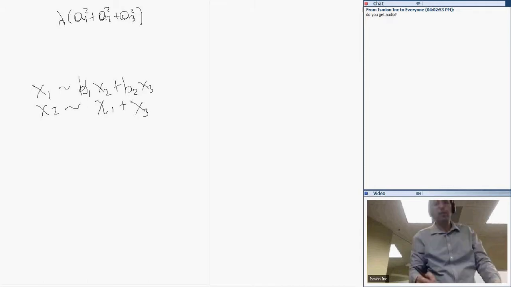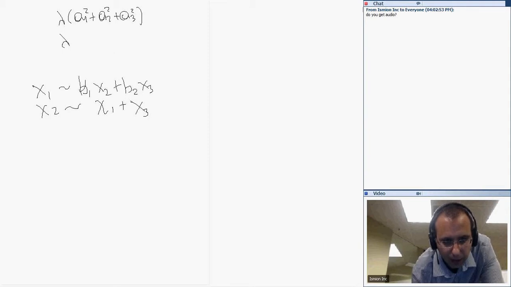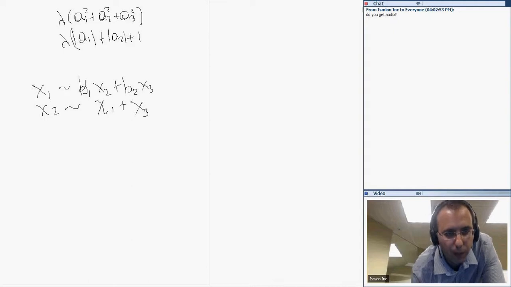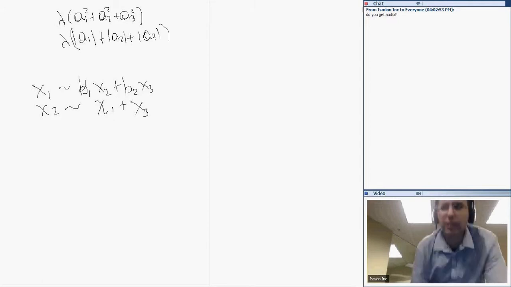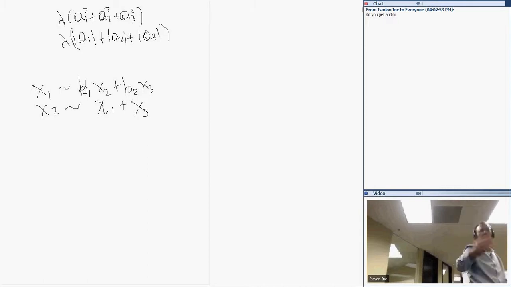So basically now Lasso does something else. It penalizes this thing. Now, since the students here are coming from the signal processing community where you know about compressive sensing, it's kind of like the same idea.